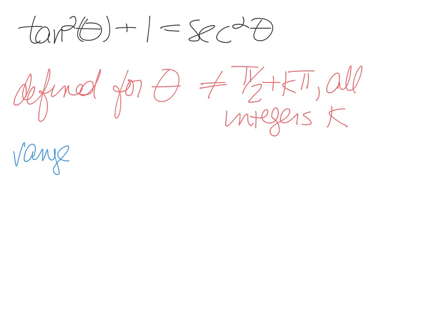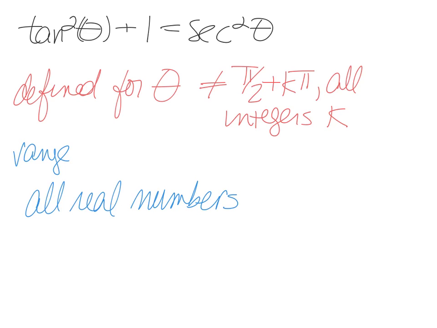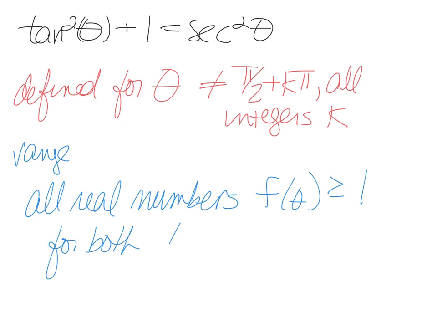If we look at the ranges of the functions, the y values can be all real numbers greater than or equal to 1 for both tan squared theta plus 1 and secant squared theta. Cool.